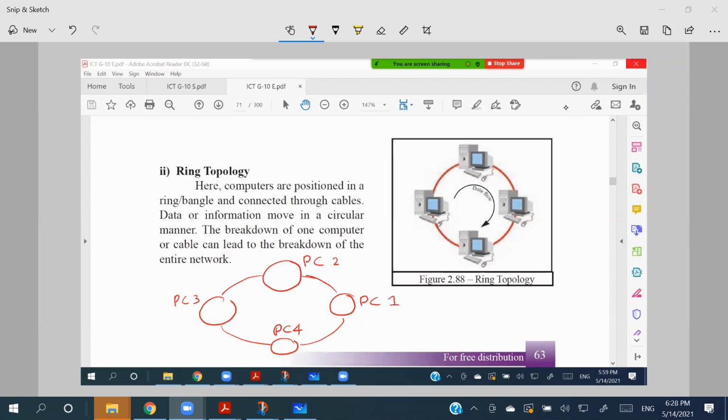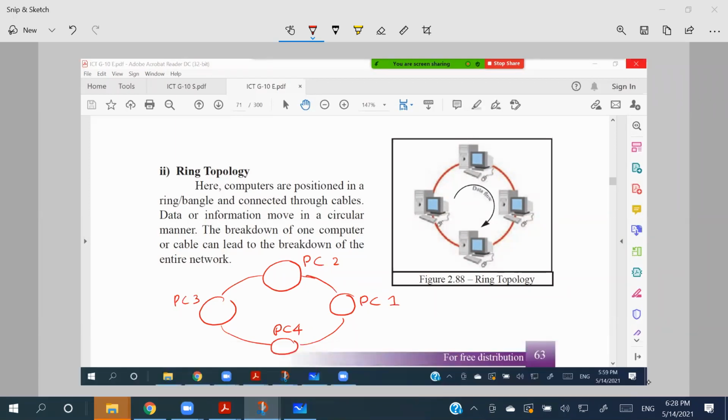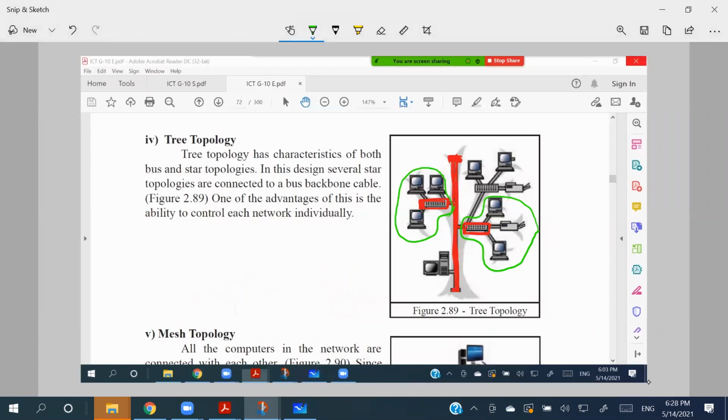Let's move to the other one. So the other one is the tree topology. Right, again, copy down the entire thing under the tree topology, right?